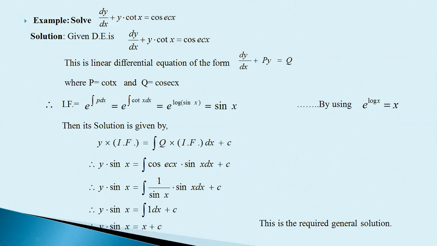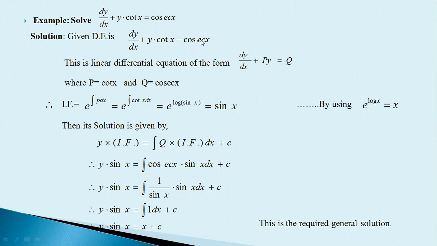Let us see the first example. Solve the differential equation dy by dx plus y into cot x is equal to cosec x. Then the solution is, the given differential equation is dy by dx plus y into cot x is equal to cosec x.